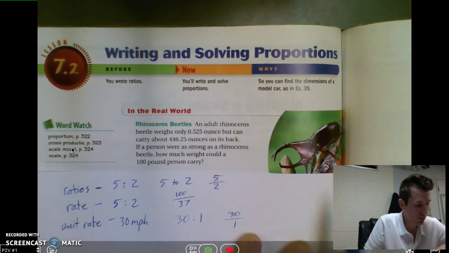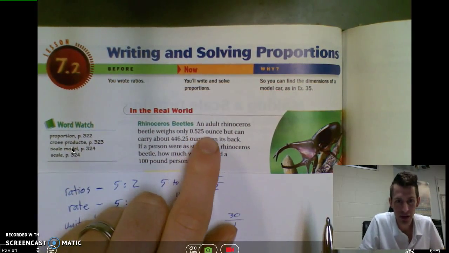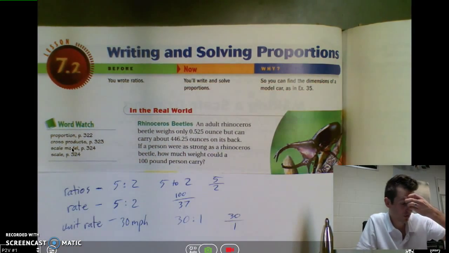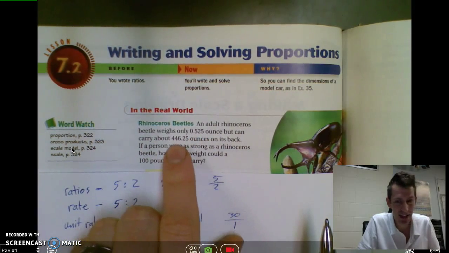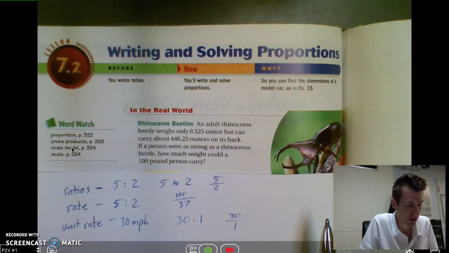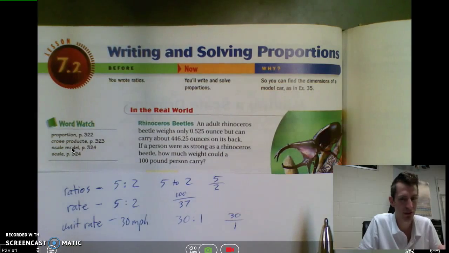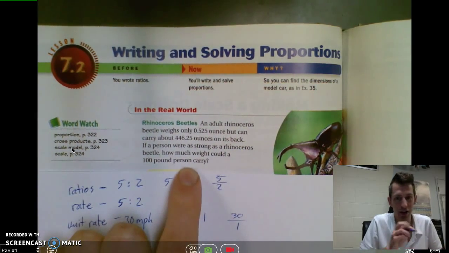An adult rhino beetle weighs only 0.25 ounces, but can carry about 446.25 ounces. So it weighs only 0.5 approximately, and it can carry almost 446 ounces on its back. If a person were as strong as a rhinoceros beetle, how much weight could a 100-pound person carry?